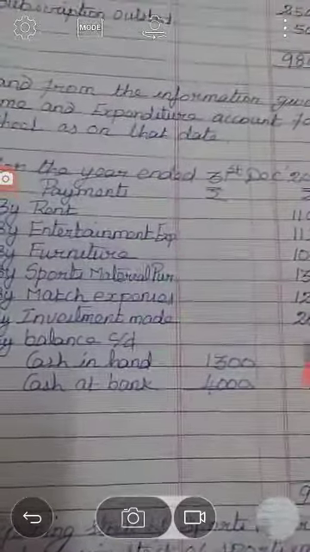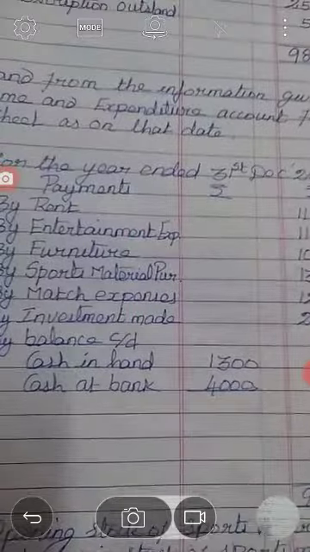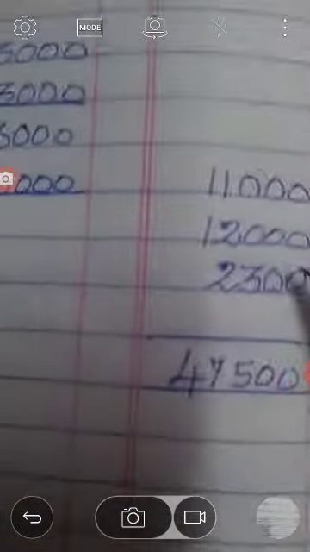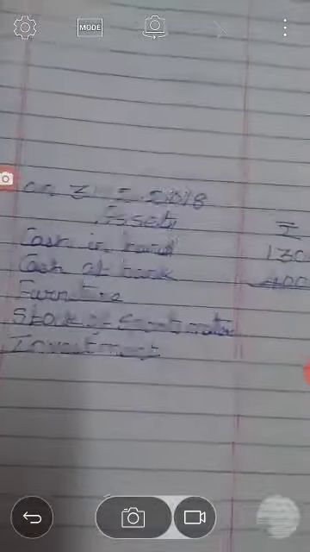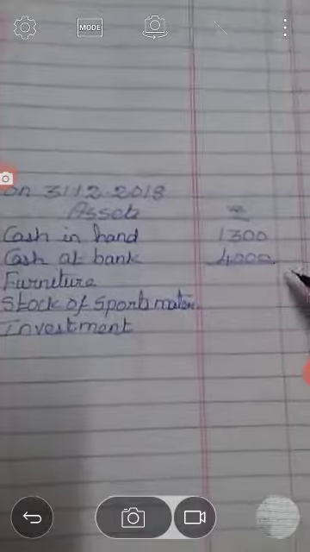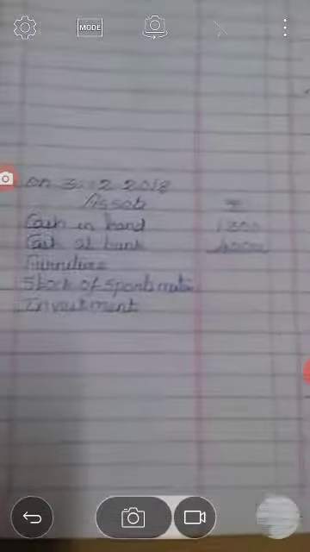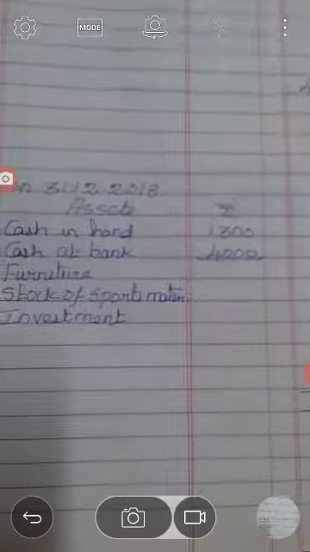So investment, cash in hand, cash at bank appear in the balance sheet. Match expenses should appear on the expenditure side. Here match expenses is 12,000. Here cash in hand 13,000, then cash at bank 4,000, total 5,300. Then investment should be shown on the asset side.